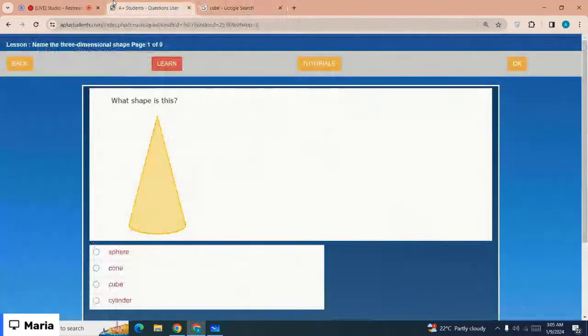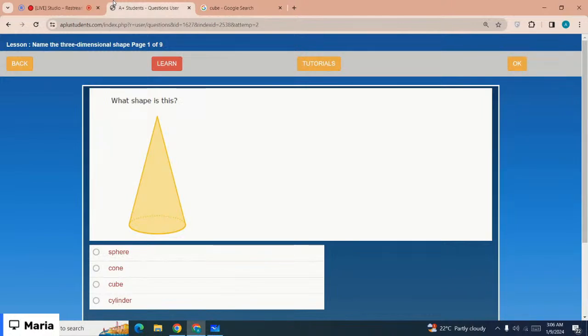Let's start with the test questions. What shape is this? Which is the correct option? You can see the ice cream cone, right? And also you have the birthday caps like this.